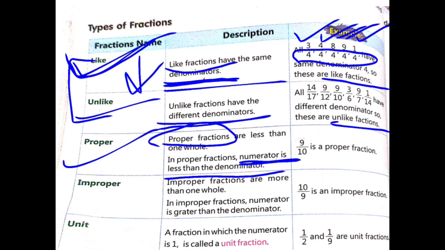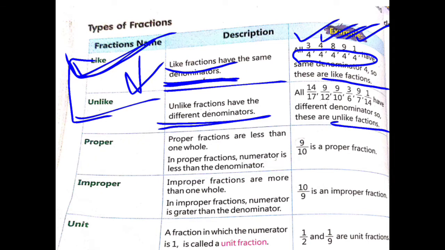Okay. In proper fraction, like I am taking an example that is given in your book, 9 upon 10. So how can you say it is a proper fraction? Because 9 upon 10, 9 is the numerator. Okay, so numerator should be less than denominator. So denominator is 10. What is denominator? 10.